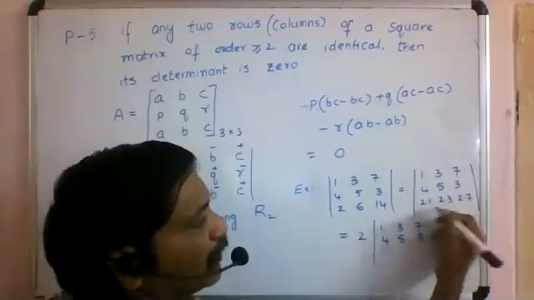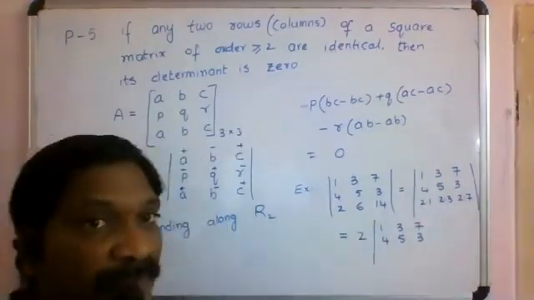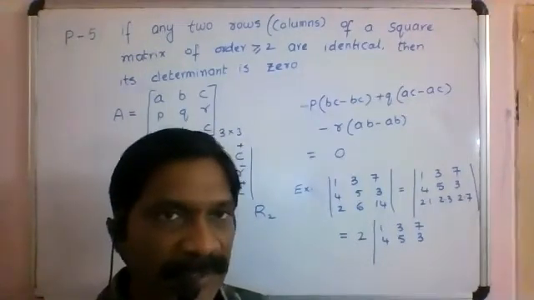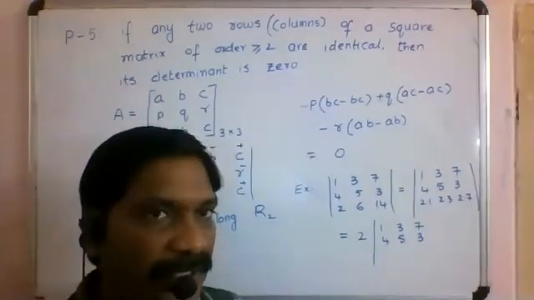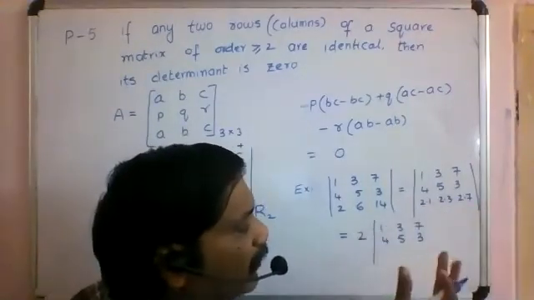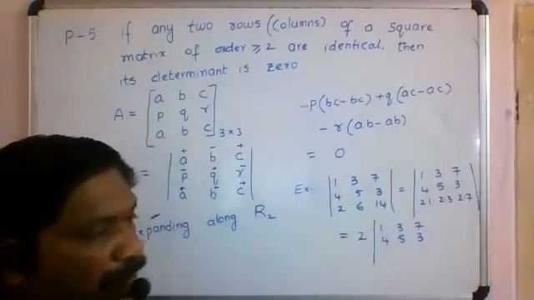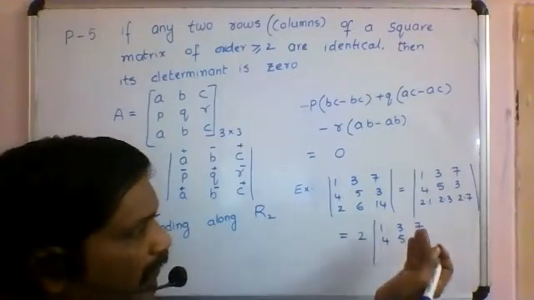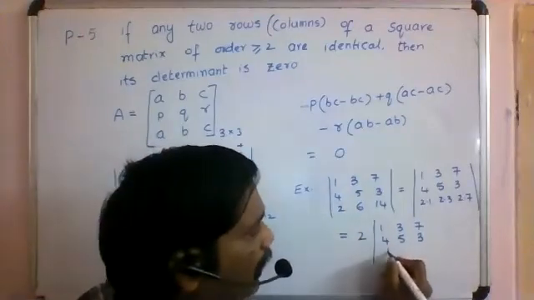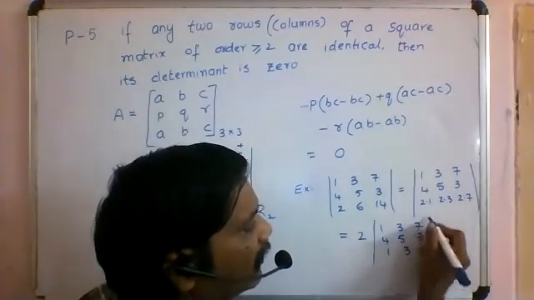Since we took 2 common, in determinants, a common factor comes out for only one row or one column. This is not like matrices. Yeah, we discussed that earlier. So when a common factor is there for one row or one column, we can isolate that by bringing it outside. 1, 3, 7.